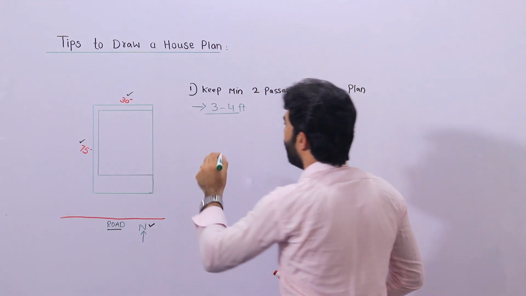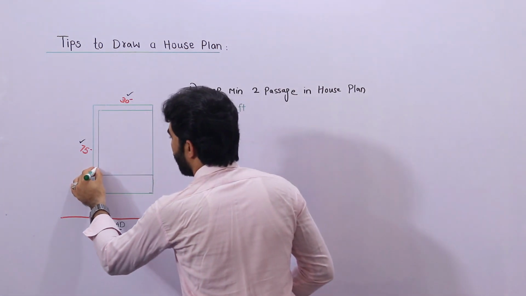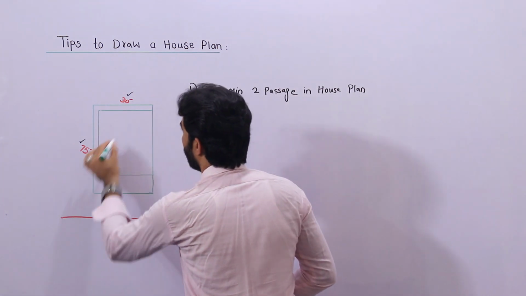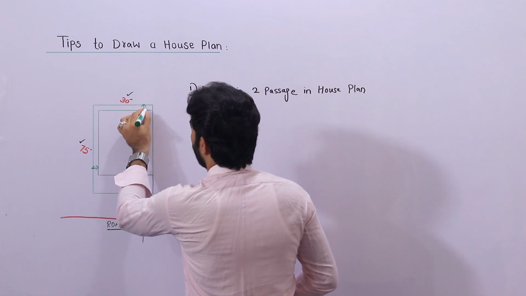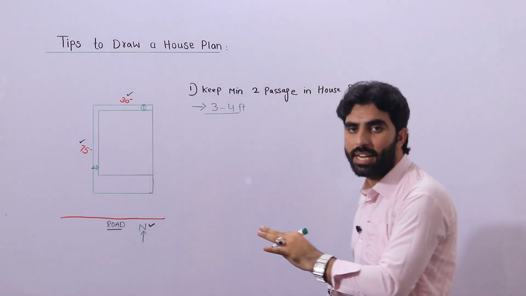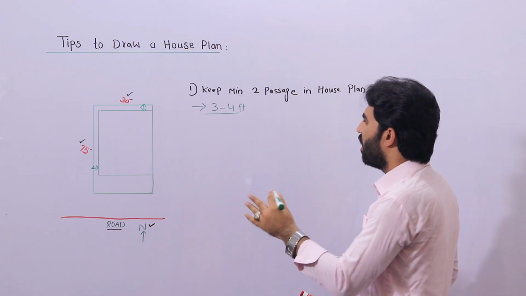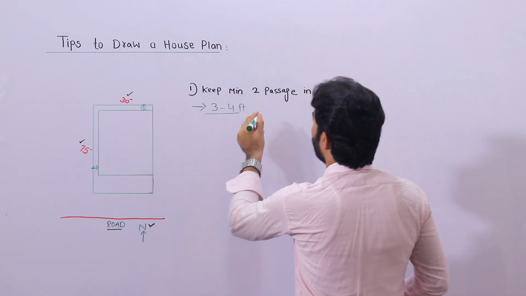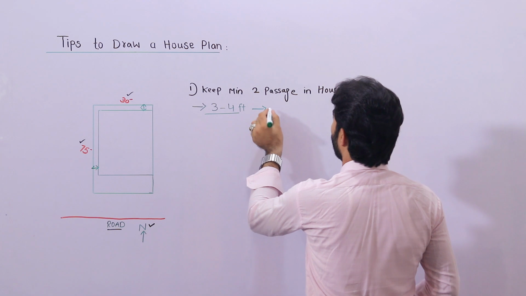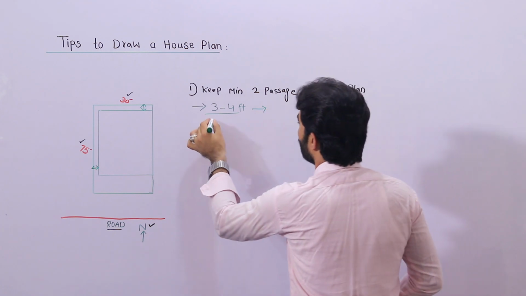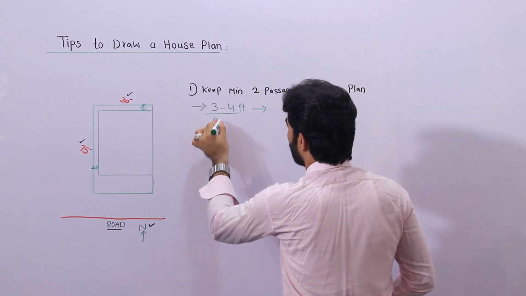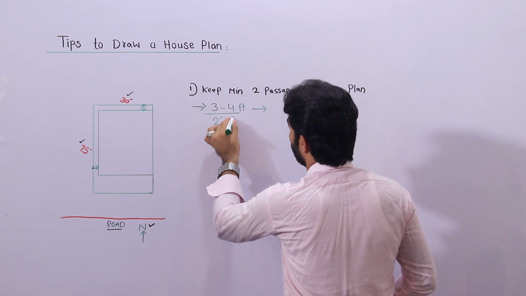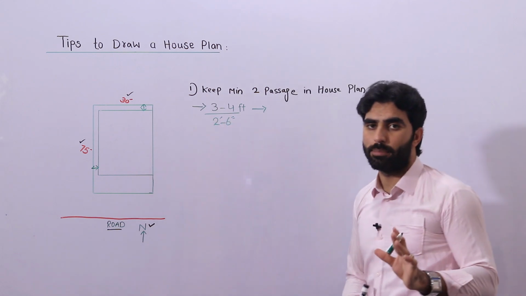This is the normal width, on the left side, right side or back side. But it should not be less than 2 feet 6 inches. This is the minimum.